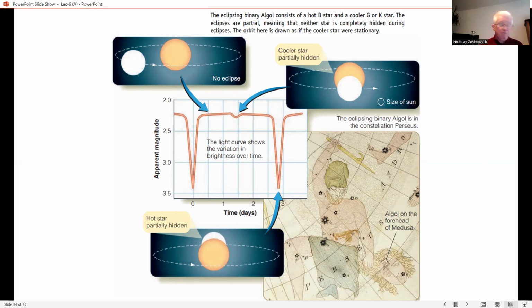From the study of binary stars, astronomers have found that the masses of stars range from roughly 0.1 solar masses at the low end to nearly 100 solar masses at the high end.